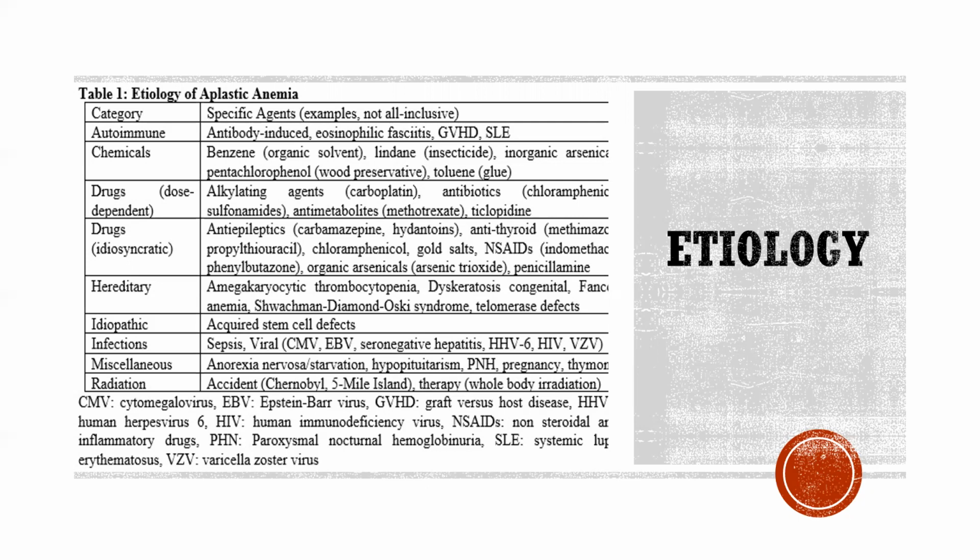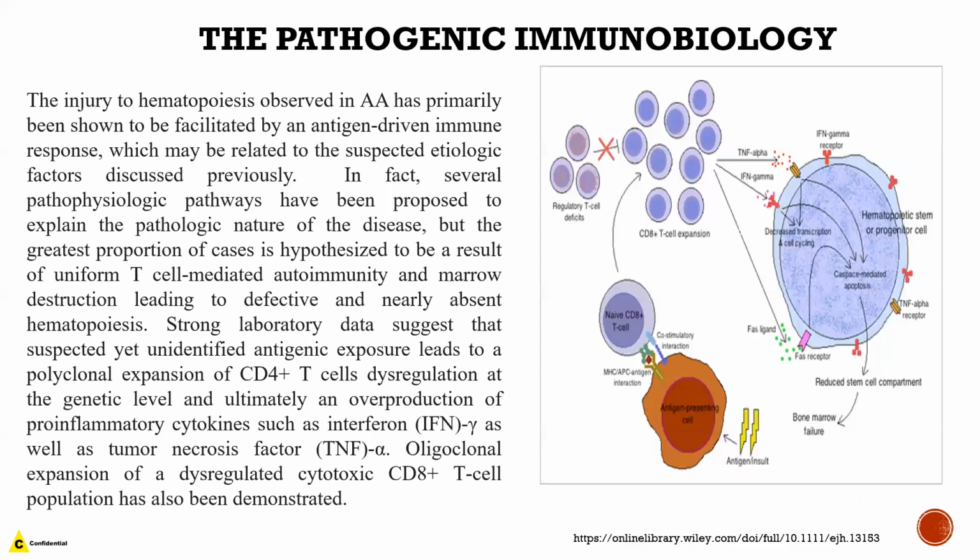Also anti-epileptic and anti-thyroid drugs have the ability to cause aplastic anemia. Other causes include different hereditary problems, infections, idiopathic aplastic anemia, defects of acquired stem cells, presence of radiation or hypopituitarism, pregnancy, and other disorders.